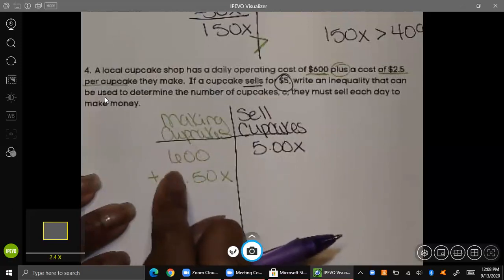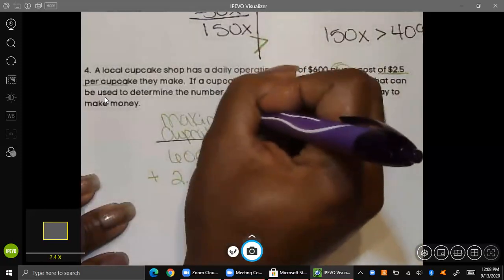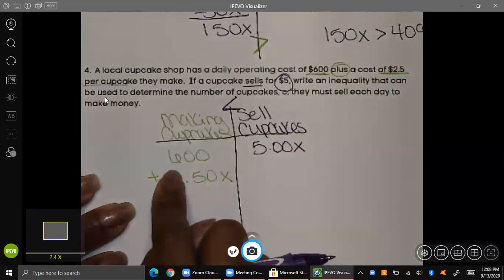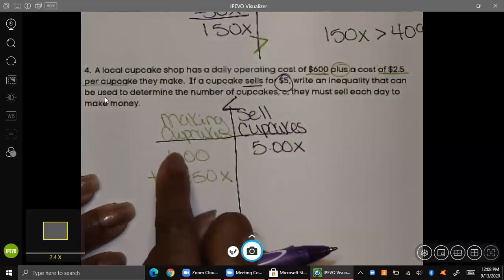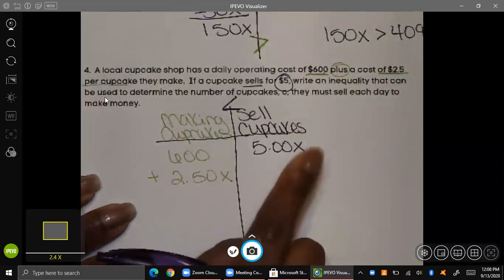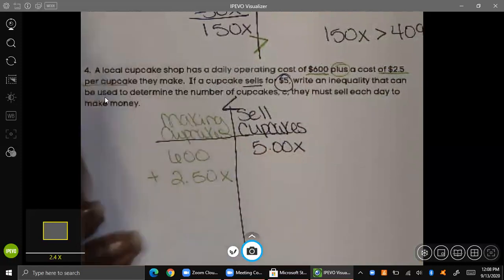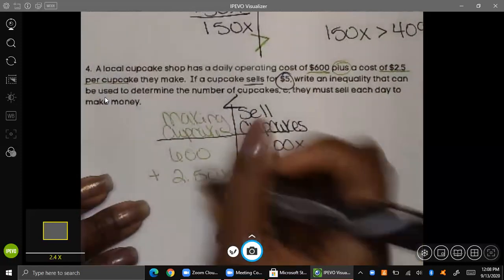Making cupcakes, this is the amount of money that they're spending to get cupcakes. So you want selling cupcakes to be more than making cupcakes. If making cupcakes is more than selling cupcakes, then you need to go out of business because you're not making any money. You want to get more money from the people than you put in.